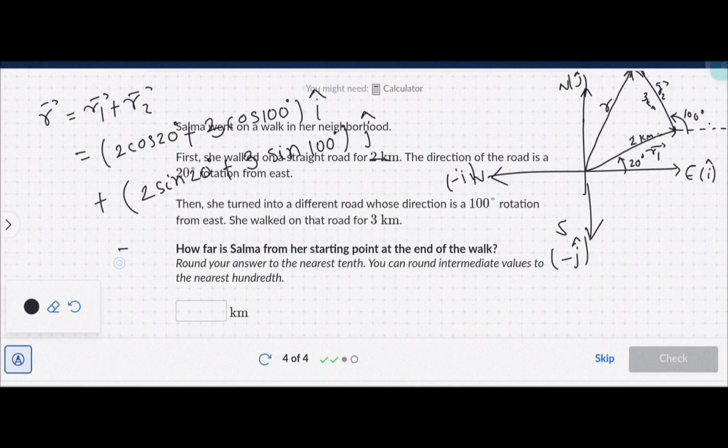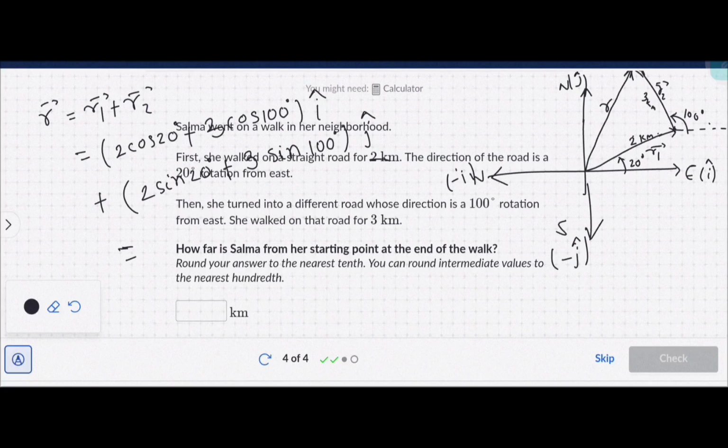Now find this. You can do the calculation now. Pause the video. I'm also doing the calculation.